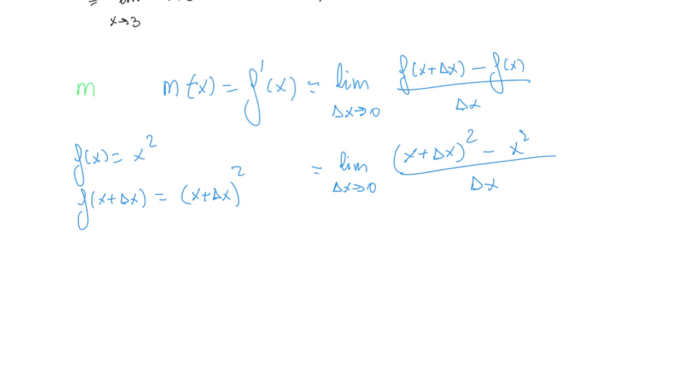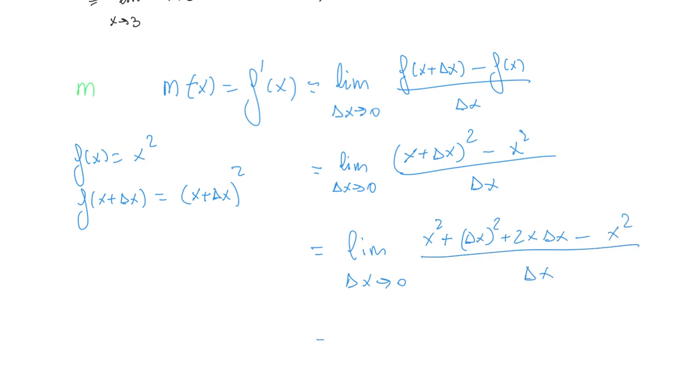If I do a little bit of algebra, it will be the limit when delta x approaches 0. If you do x plus delta x squared, it will be x squared, square of the first, plus square of the second, plus 2 times the first by the second delta x, minus x squared, divided by delta x.